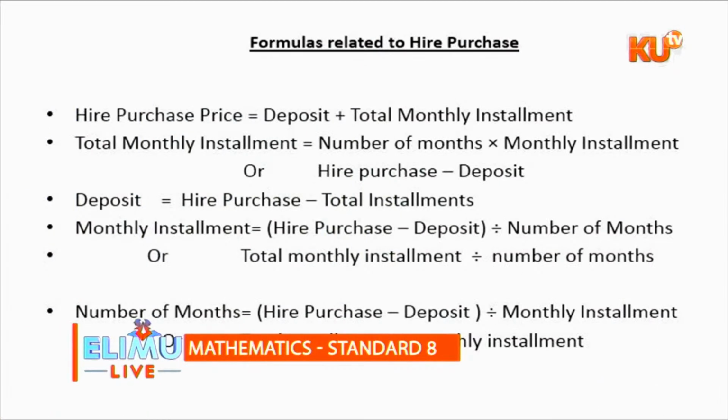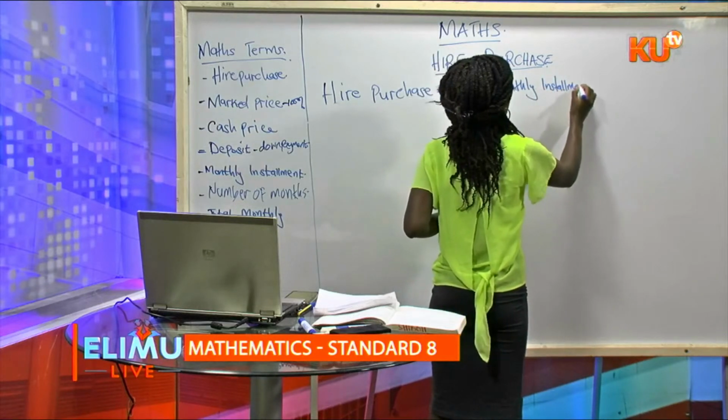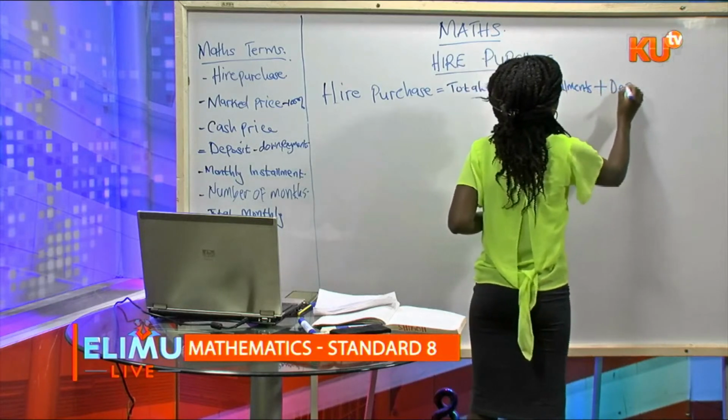Number one, for me to get the hire purchase price, I'm going to take the total monthly installment plus the deposit.